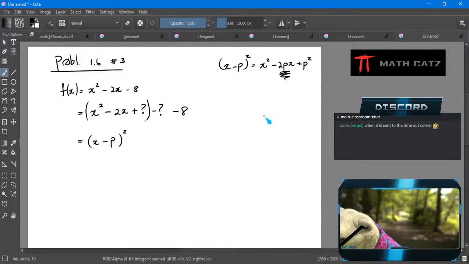Let's focus on this middle term. This middle term should be negative 2x, right? It's right there. I can't change the negative 2x. That is what it is. So what should p be to give me the negative 2x? I have a negative 2 and I have an x, so that means the p should be 1.